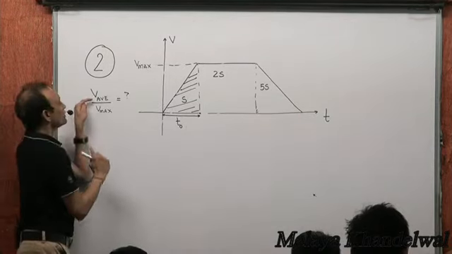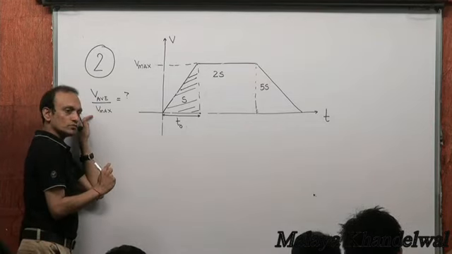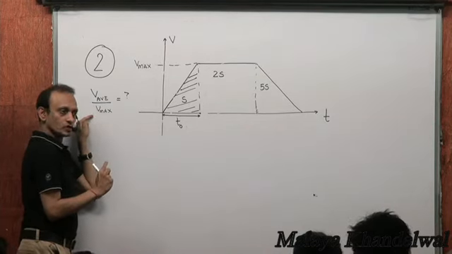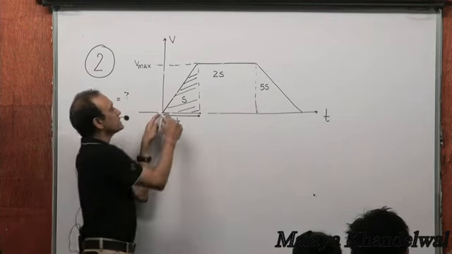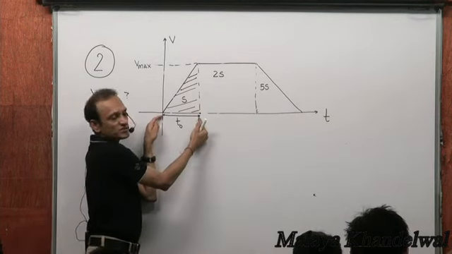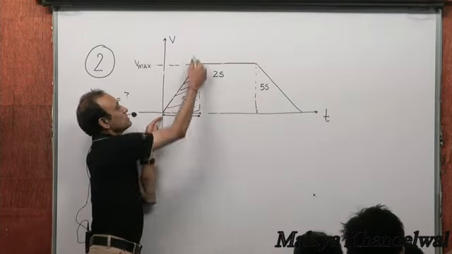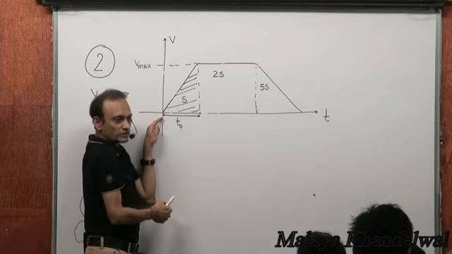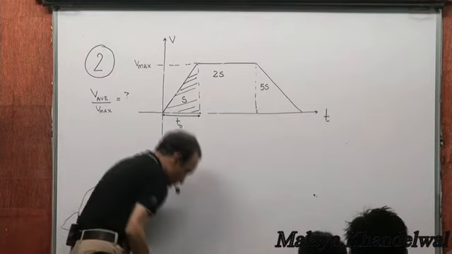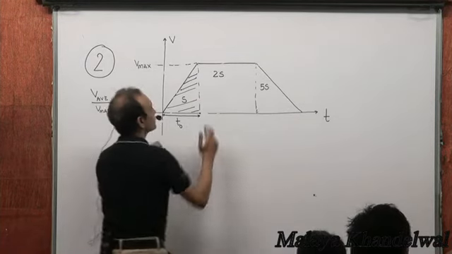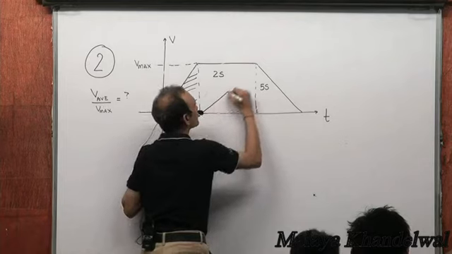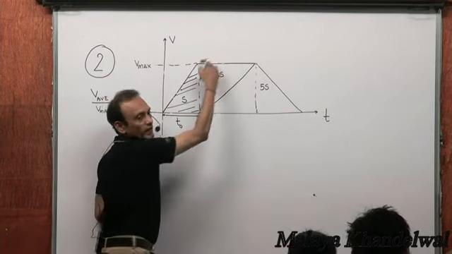We want to be able to find the ratio of average velocity to maximum velocity. Clear? Now what I have assumed is that the first displacement s takes place in t0 seconds. That means area of this triangle is s. Now, would you mind believing area of this rectangle is 2s?